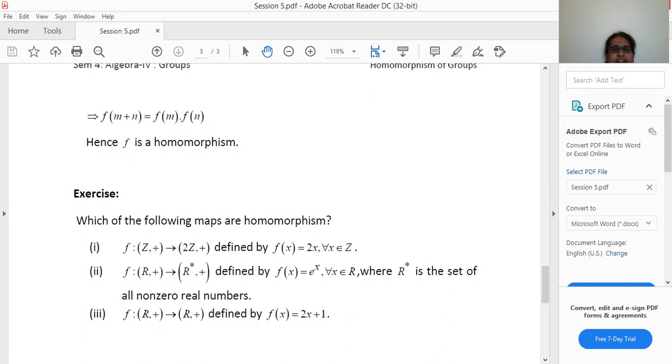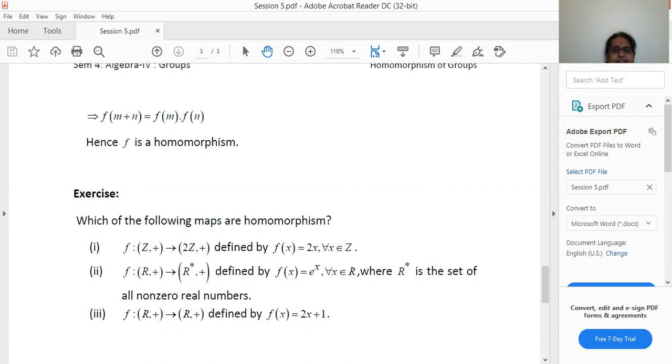Suppose in one of the cases it was not a homomorphism, that is, it satisfies the condition for two cases and not for one, then we have to specifically say f is a homomorphism only when the integers are even or when the integers are odd. Totally, we cannot say f is a homomorphism.